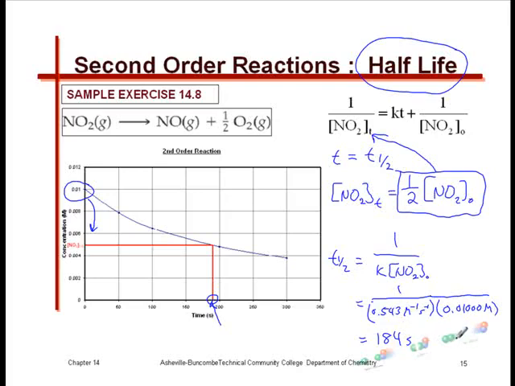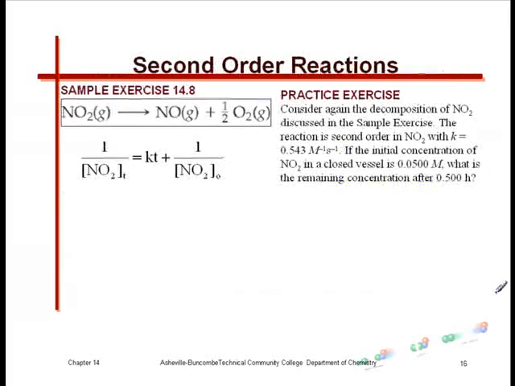So again, these integrated rate laws allow us to predict what the order is, and then also allow us to calculate the half-life, and then something about the reaction mixture at any point in the future.